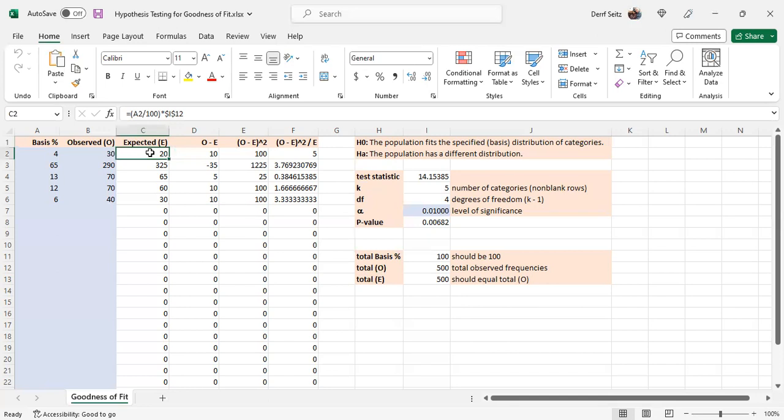Each expected value is calculated as the percent divided by 100, giving you a decimal version of a percent, times your absolute positioning, cell I-12, which is the total. As you can see here, I-12 is the total of the observed values.